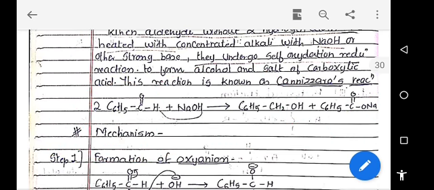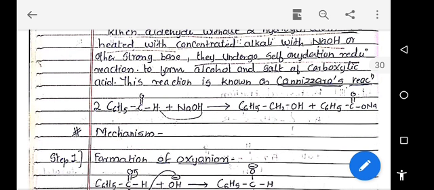Always keep in mind that each named reaction is easily identified by some keys. Here the key is an aldehydic molecule with a strong base, one converted into the acid and another into the alcohol, and the aldehyde having no alpha hydrogen. This condition is only for the Cannizzaro reaction. No other reaction shows these conditions. This is the key of this reaction.